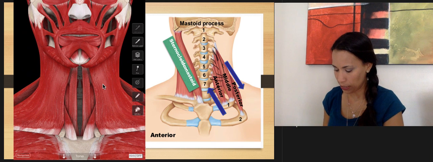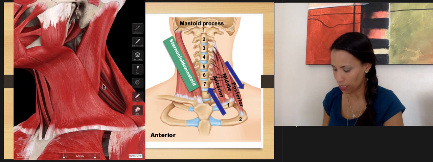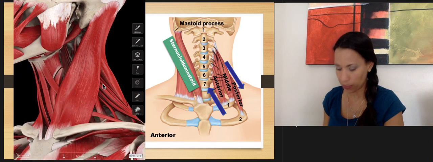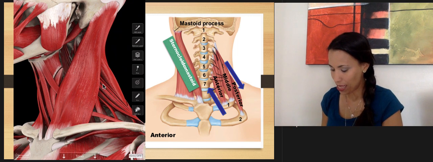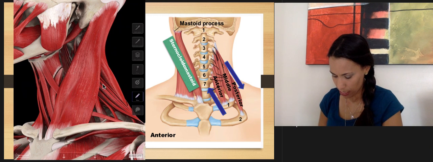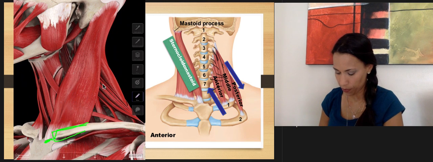Now, I'm going to go a little bit down here. Okay, so platysma, I'm going to turn this laterally and remove the platysma. So now we can see this muscle deeper. It originates on the clavicle. I'm sorry, this is the clavicle, the medial end of the clavicle, the manubrium of the sternum, and here we have the mastoid process.